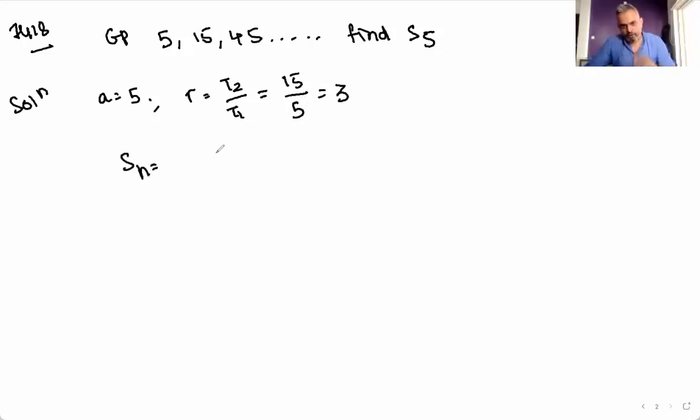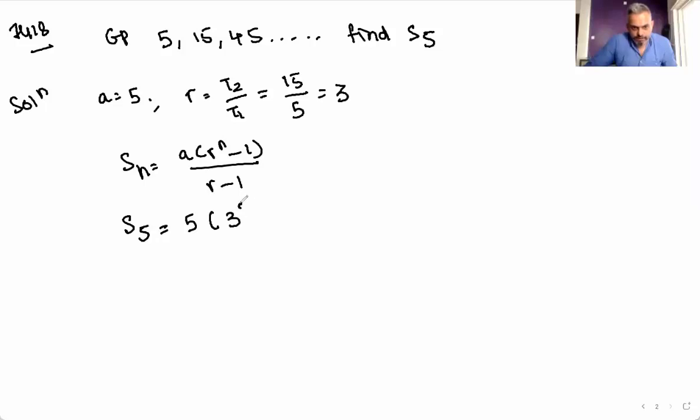Sn, always write the formula, is A into R raised to n minus 1 upon R minus 1. Let me include one more step. S5 is equal to 5 into 3 raised to 5 minus 1 upon 3 minus 1. 3 raised to 5 is 243.